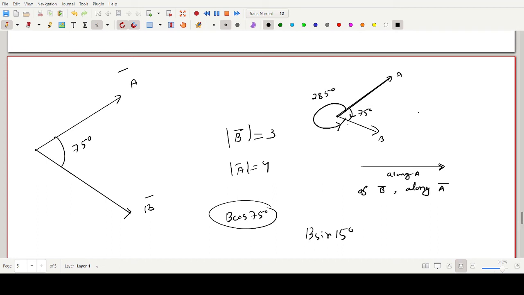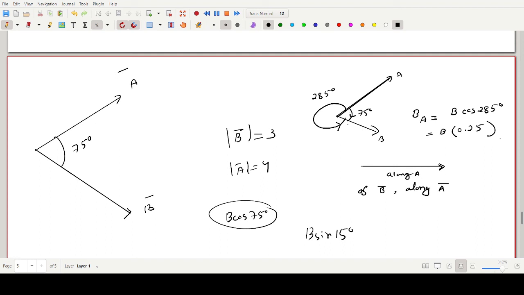In my procedure, the component of B along A equals B cos 285. So B cos 285 equals B times, I think, 0.25 something.